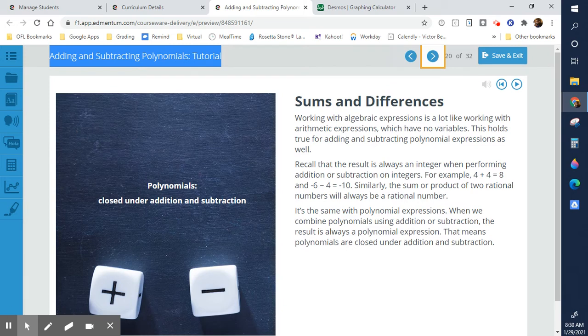Now we're going to start describing what happens when we add and subtract these polynomials. We're not going to get too much into shapes because, like I mentioned, if you add a linear function to a quadratic function, what comes out doesn't really look the same, except the quadratic is going to look more like it because it's the same type of function.